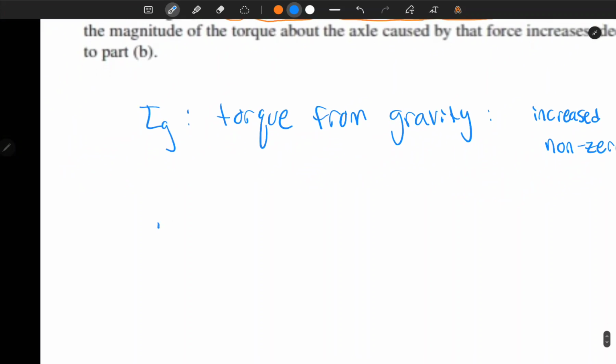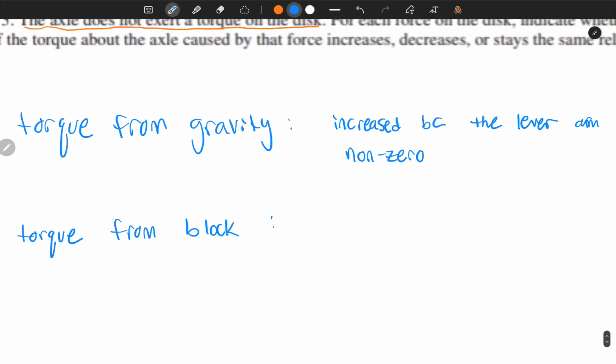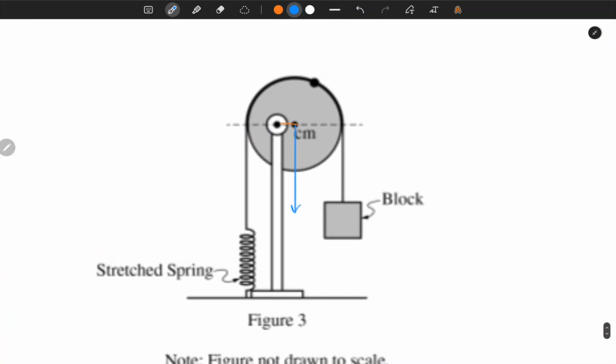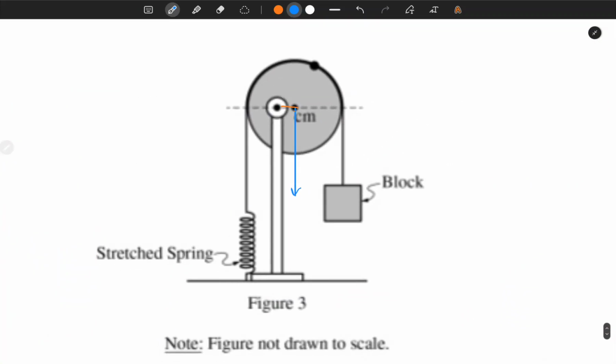The second torque is from the block, so tau b. This is the torque from the block. Well, let's look at the lever arm now. The force acts tangentially on the wheel. Before, the lever arm was this blue dotted line.